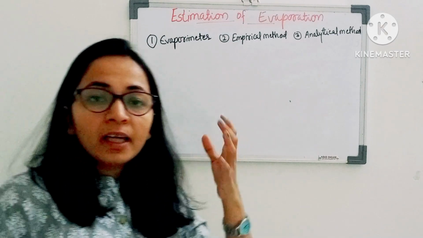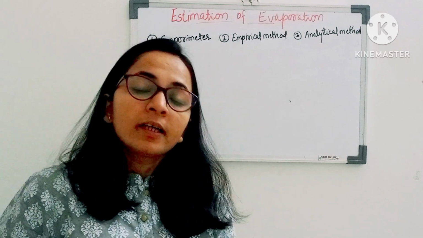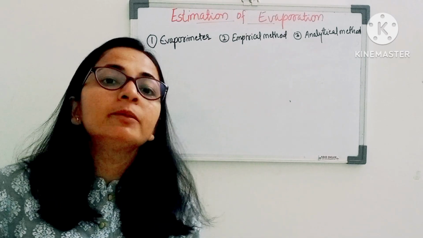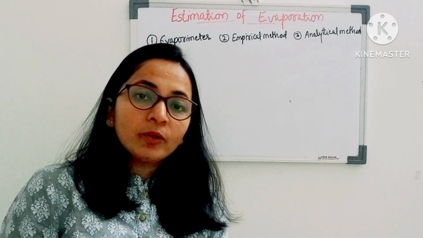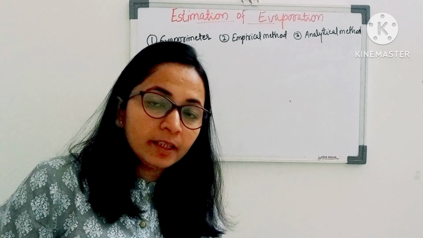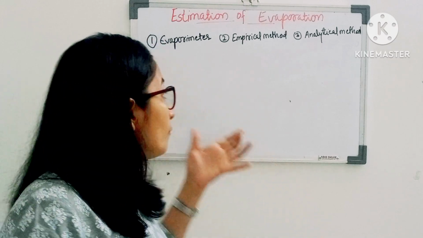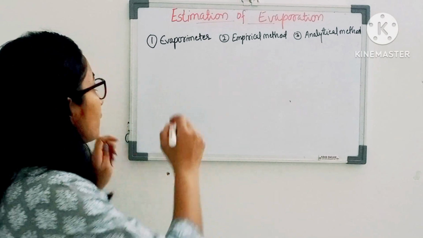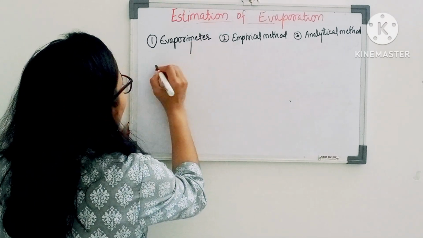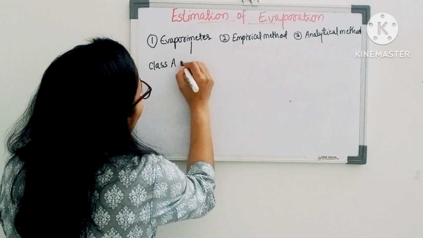Evaporimeters are water containers which are placed on the ground surface, or sometimes buried into the ground or placed into water bodies, to estimate the water losses through evaporation. There are four types of evaporimeters available. First one is the class A pan evaporimeter.